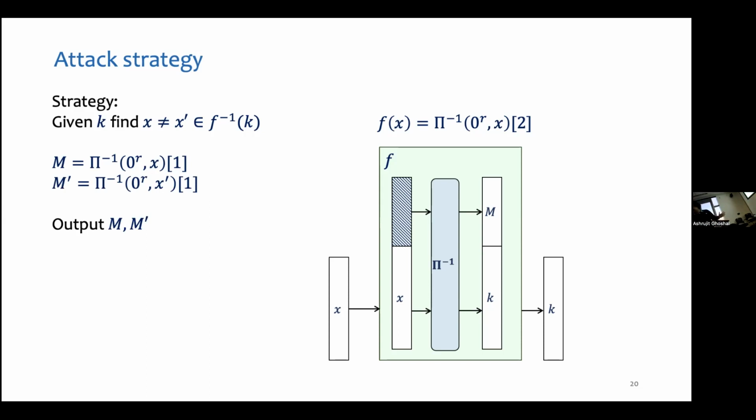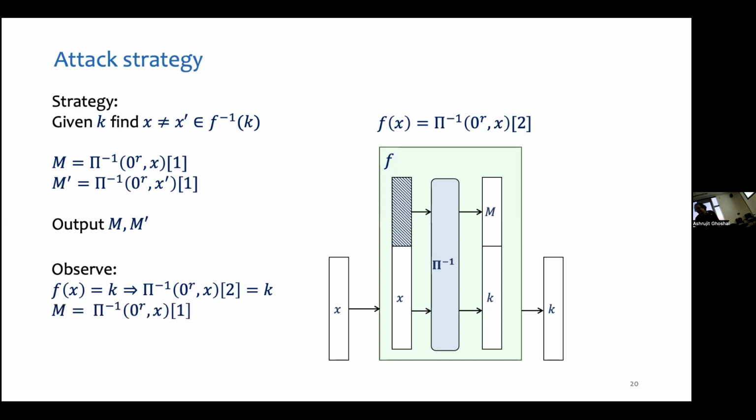Okay, so why does this work? If indeed x was an inverse of k under f, the last c bits of the evaluation of the inverse of pi on r zeros followed by x is k.